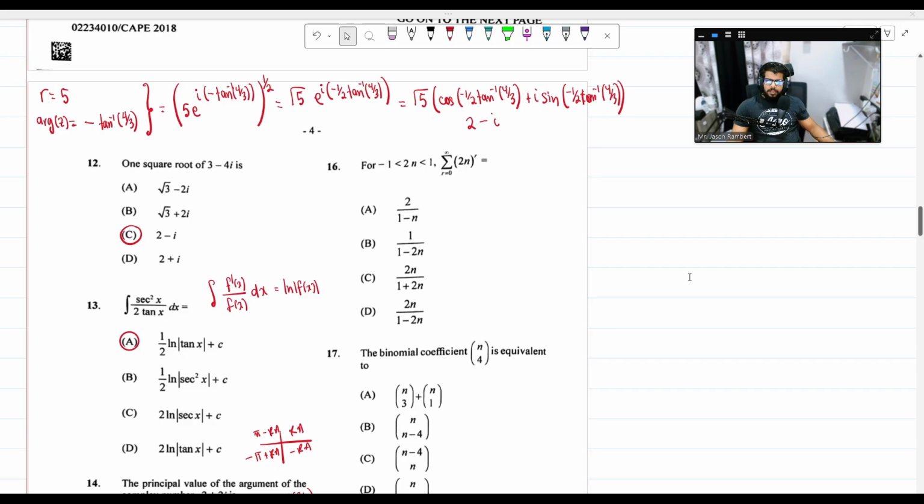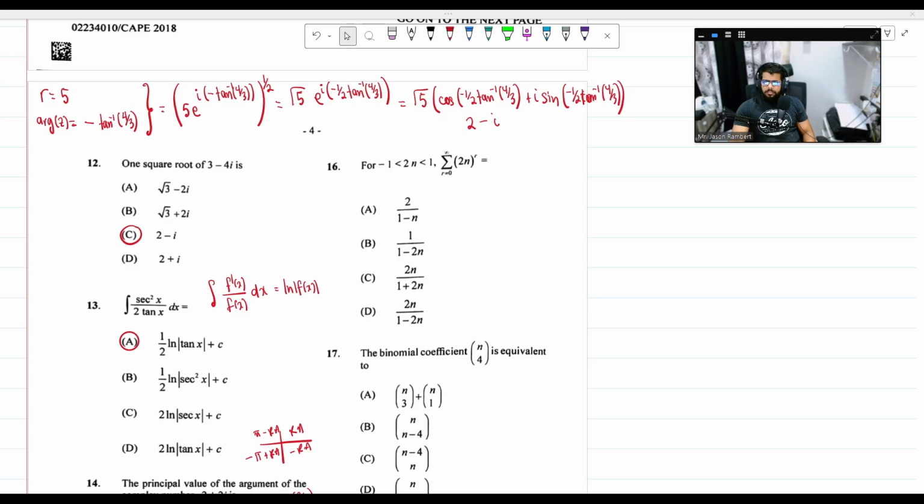For n being between those two values, in this case we can see that we want the sum from 0 to infinity. So this is going to be the sum to infinity formula. We need to get what A is and what R is. Let me do it manually, right? Let me not beat around the bush and try anything smart.